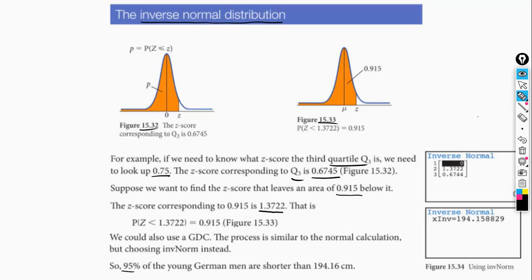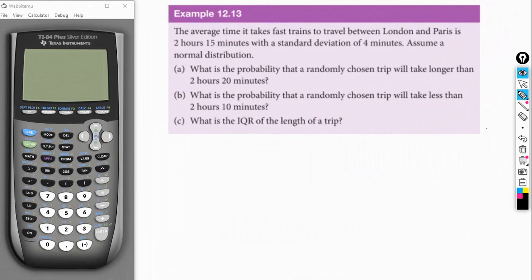We could use the GDC, a function called inverse norm, and we would find that 95% of these young German men are shorter than 194.16 centimeters.